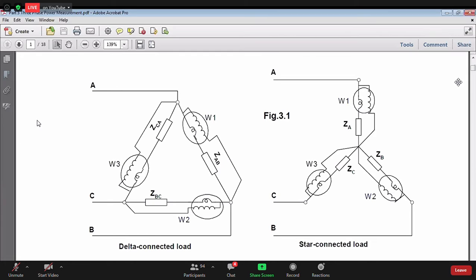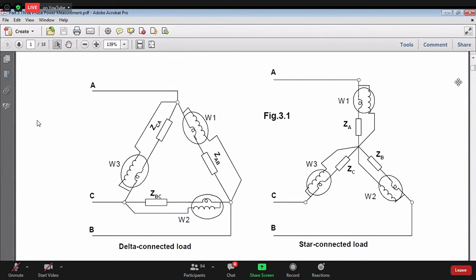On the right side, I have the star connection, and here the wattmeter must measure the phase voltage. If you look at W1, the potential coil is connected across the line and the neutral, not between the two lines, because that is line voltage, whereas phase voltage is line to neutral. The current coil is in series with the A phase, so it will measure A phase power.